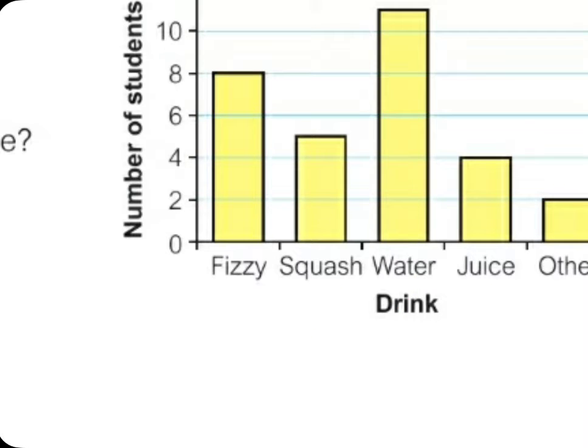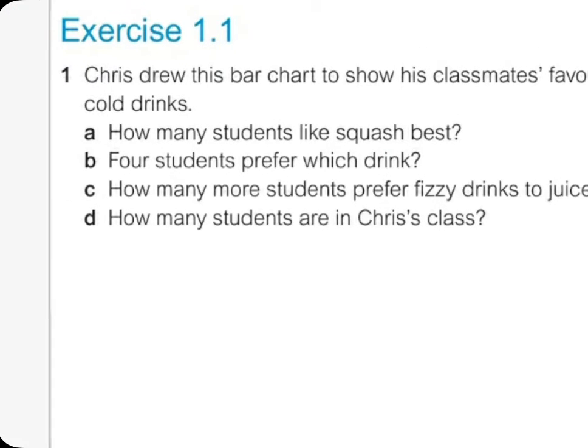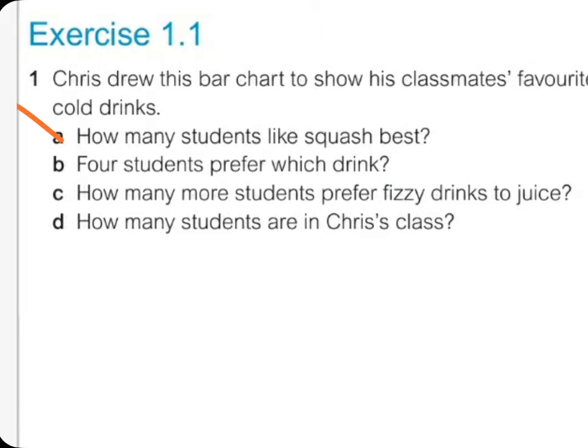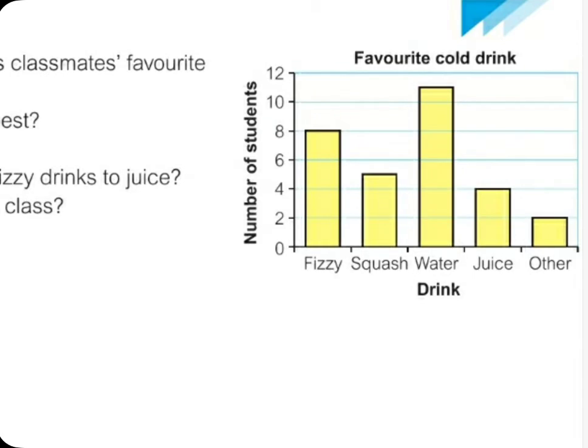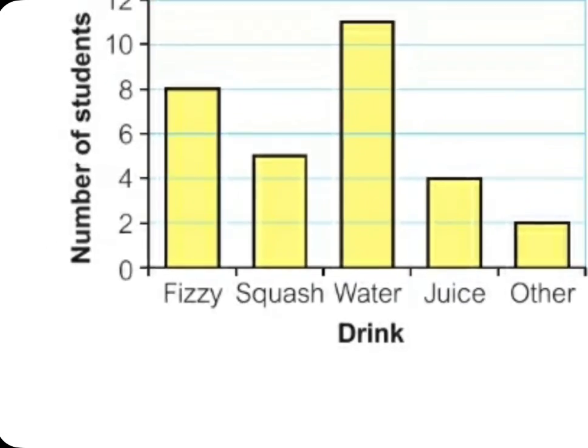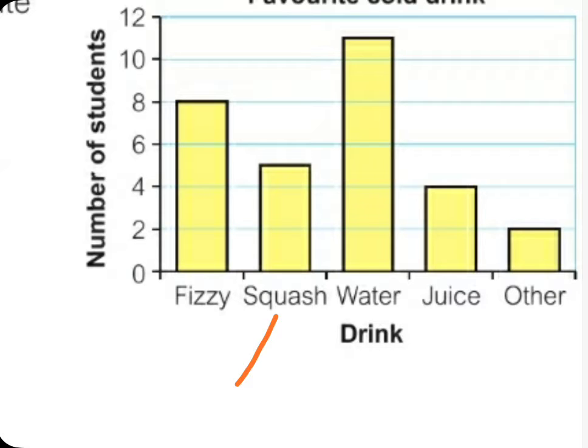Now, question A says, how many students like squash best? Let's take a look at the bar chart and figure out how many students like squash best. First we have to find the squash. This is the squash. The bar of the squash goes up until here.